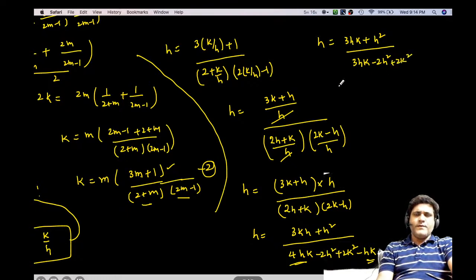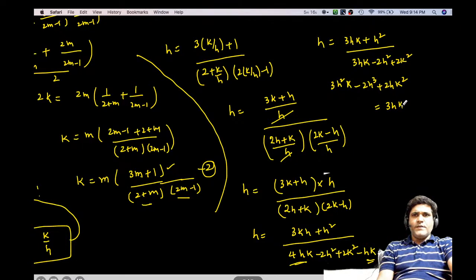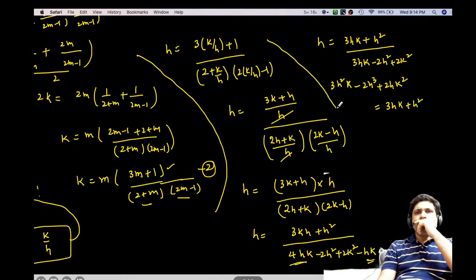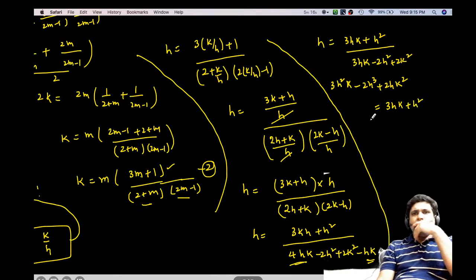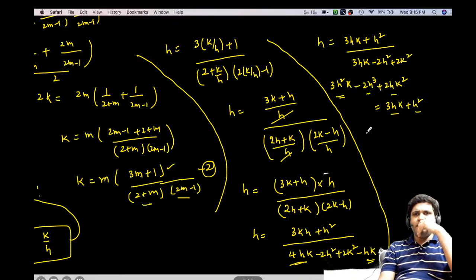Now cross multiply. If you cross multiply, then what you get: 3h square k minus 2h cube plus 2hk square is equal to 3hk plus h square. Now what you do is, in this term h is there, you can cancel out h because h is not equal to 0, because h comma k is the midpoint, therefore h is not equal to 0.